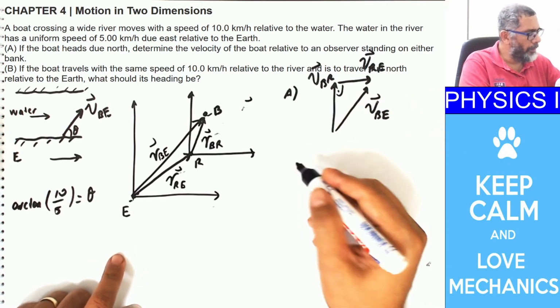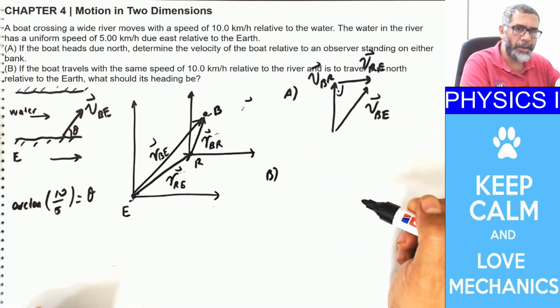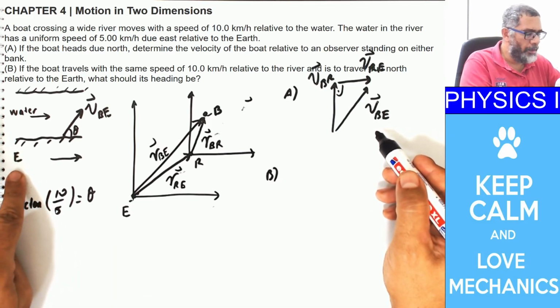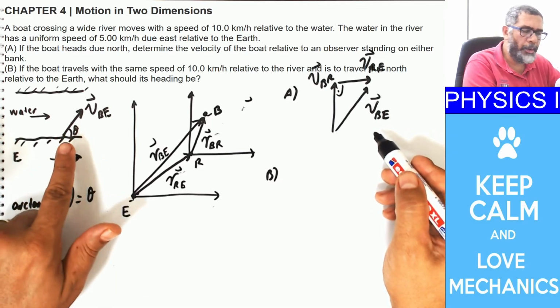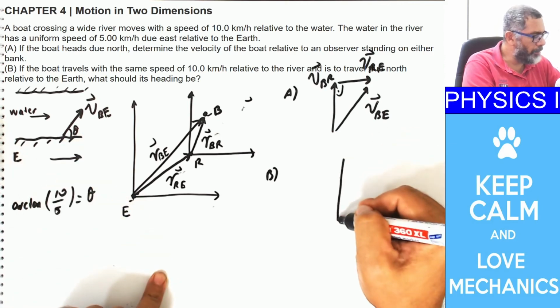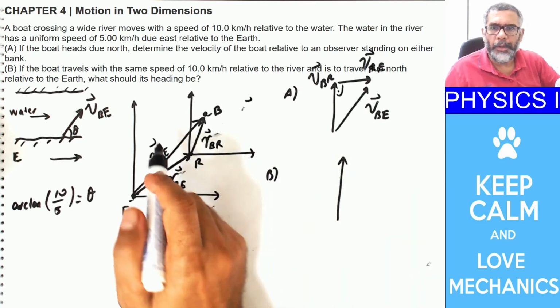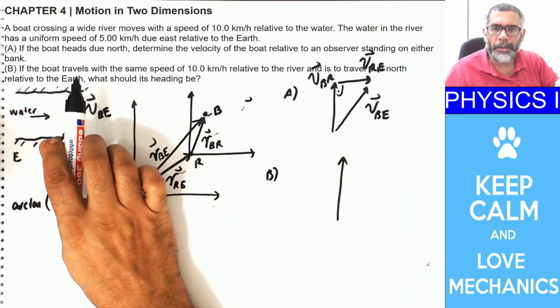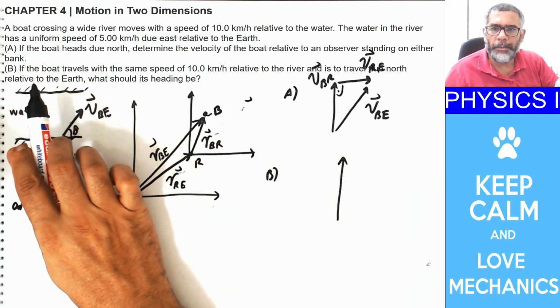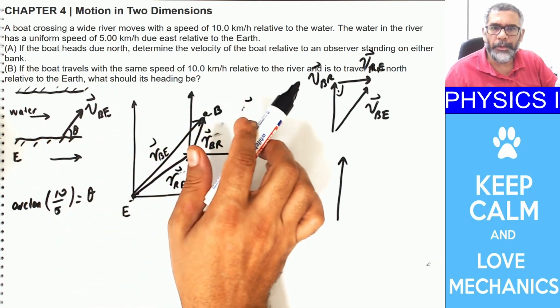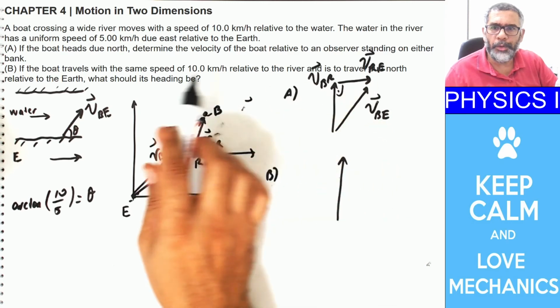And for part B, the question says, well, this time we just measure the velocity vector of the boat to be right in the upward direction. This is saying, as in part A, if the boat travels with the same speed relative to the river and is to travel due north relative to Earth.